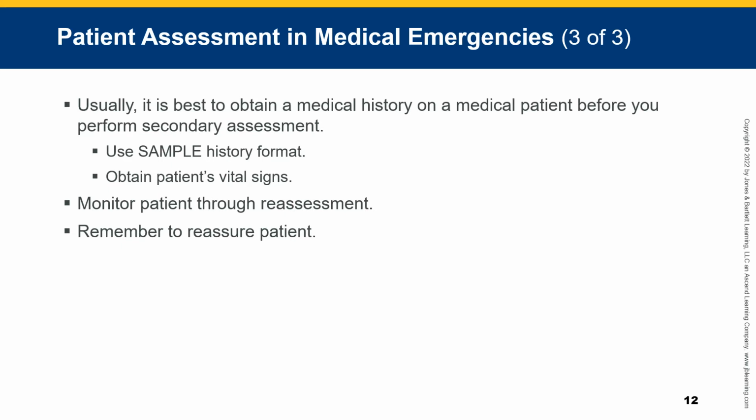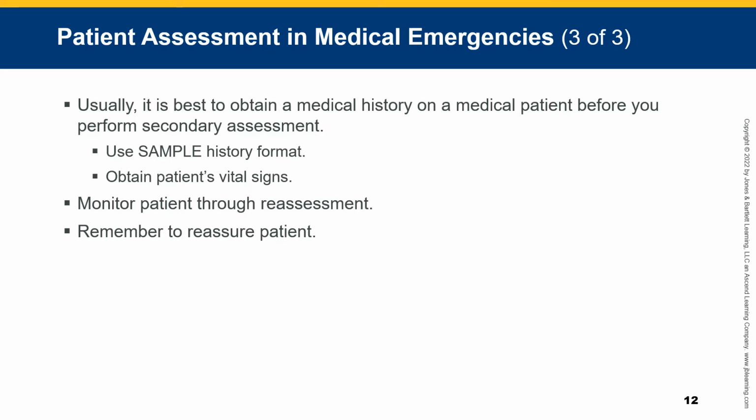Typically, it is best to obtain a medical history on a patient experiencing a medical problem before you perform a secondary patient assessment. And you want to do that following the SAMPLE history format. And just to remind you of the letters in that acronym, S stands for signs and symptoms, A stands for allergies, M stands for medications.